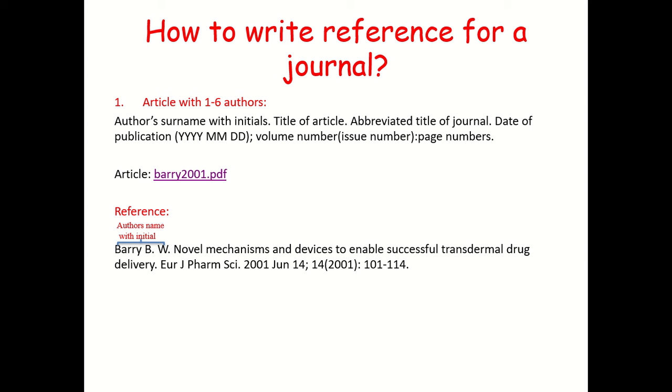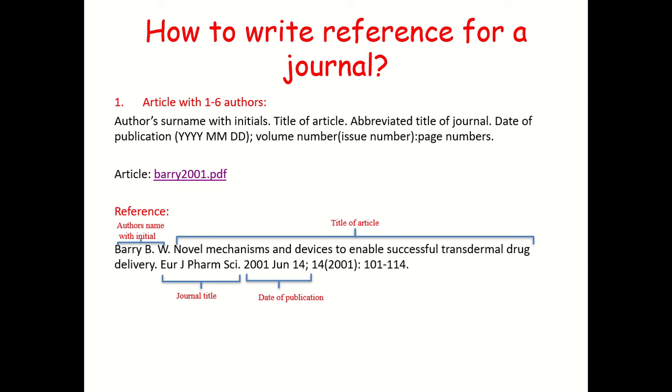It was published in 2001. Then the date, June 14; 14 is the volume and the issue number, then colon, you are going to write the page numbers. So you can see it is the author's name with initials, title of the article, journal title, date of publication, volume, issue and page numbers.